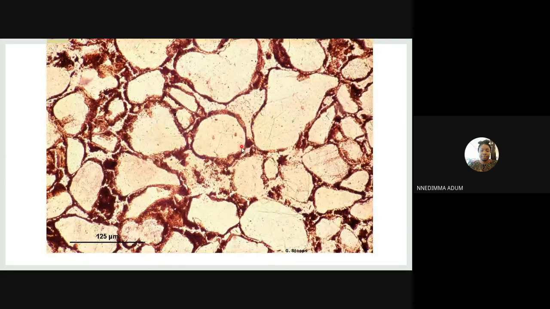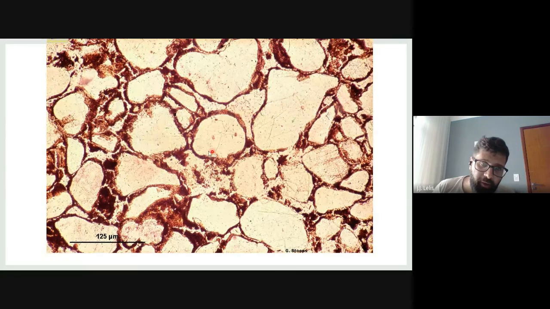We also can see some coatings around the coarse materials. So here we can see a sand coarse material, here another sandy fragment, and here another sandy particle, and around them we can see a film of clay that we call a clay coating. So these clay coatings, these revestments, are formed by clay alluviation, clay migration.